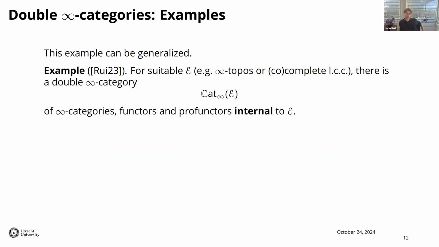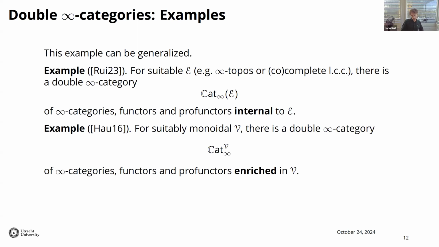You can define a double infinity category of infinity categories, functors and profunctors, which are now internal to E. And likewise, for suitably monoidal V, you can construct a double infinity category of infinity categories, functors and profunctors, which are now enriched in V. This enriched profunctor example has been constructed by Rune Haugseng.